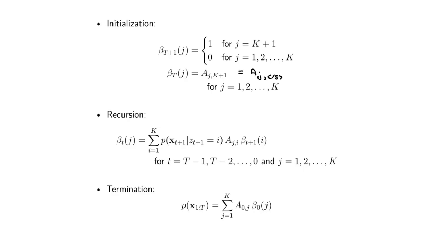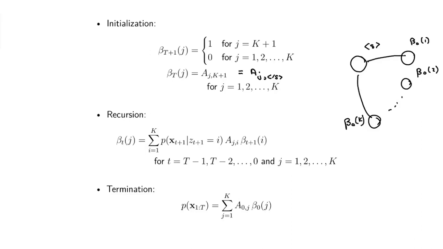Okay, so you calculate a bunch of betas. Let's just draw it out here. And then if this is my very first state, state 0, my start of sequence state, then I've calculated a beta 0 for state 1, I've calculated a beta 0 for state 2, and a beta 0 for state K. Okay, and then we need to make this basically final jump into my terminating state.